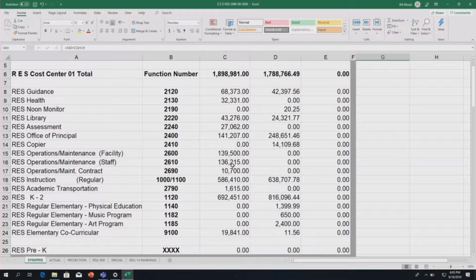There are 9 different categories, but the one up here now is just the Raymond Elementary School Cost Center 01. It gives you the name of the category, the function number, and what the original budget was in 2008, 2009. That is where my foundation starts.